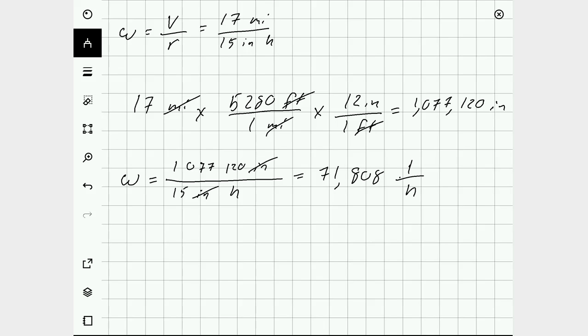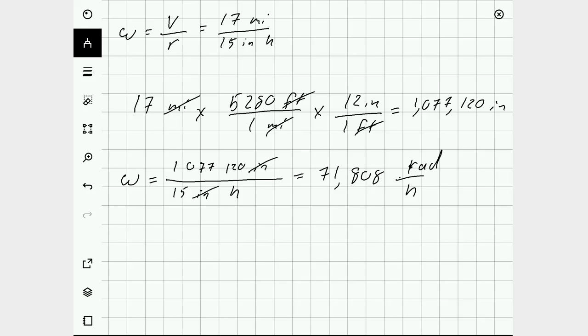Now, thinking about what I'm dealing with here, omega is the angular speed, the change in angle divided by the change in time. So here's where I take advantage of that thing I know in the back of my mind, that whenever I'm talking about an angle and there are no units, I'm really talking about radians. So this isn't just 1 over hour. This is given in radians per hour.